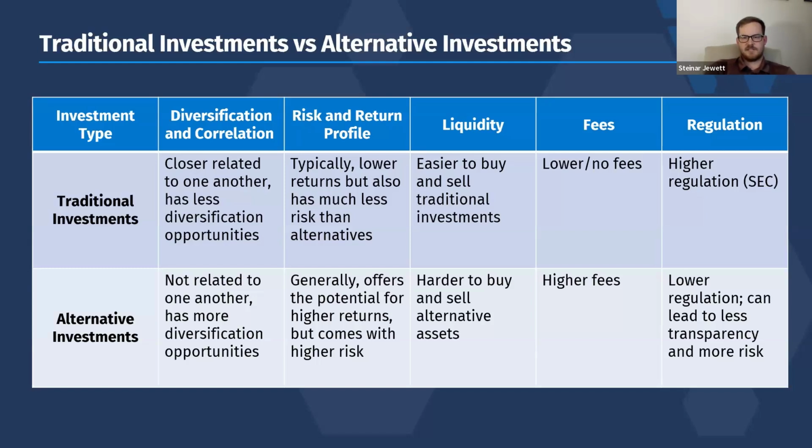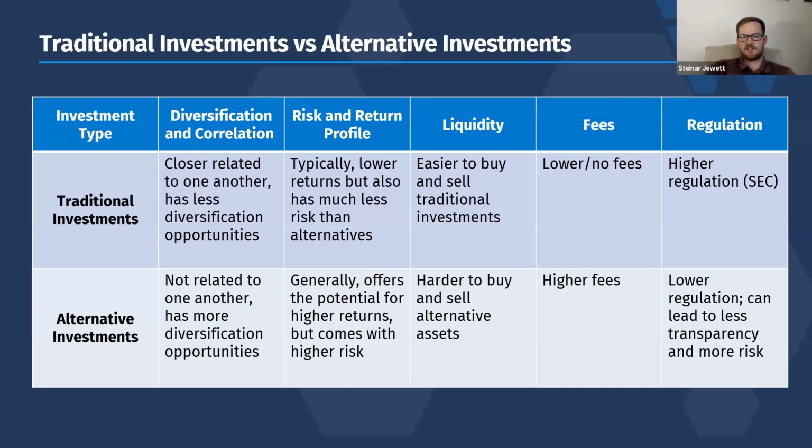With traditional investments, two technology stocks are going to be really similar, correlated almost the same way, and won't give you that much diversification since they are both very closely related. However, with alternative investments, if you look at gold, Bitcoin, or real estate, none of them are really related to one another. So that can give you better diversification opportunities between them.